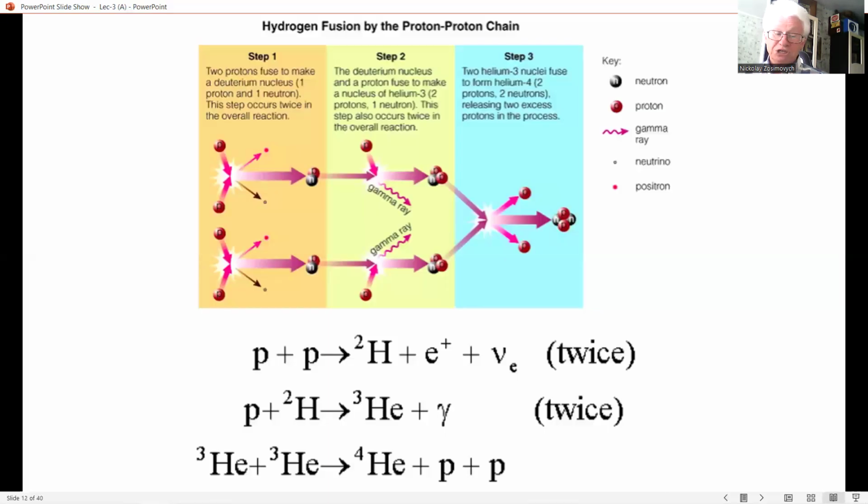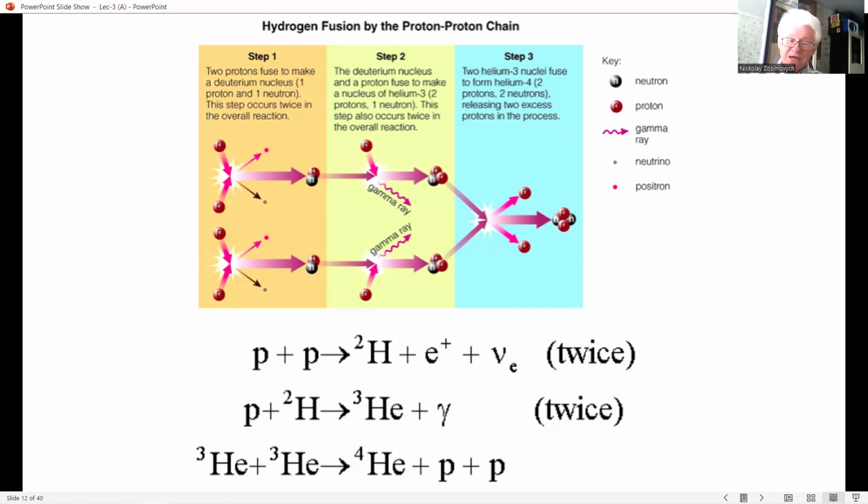The proton-proton chain is a series of three nuclear reactions that builds a helium nucleus by adding together protons. And this process is efficient at temperatures above 10,000 Kelvin. The sun, for example, manufactures over 90% of its energy in this way.